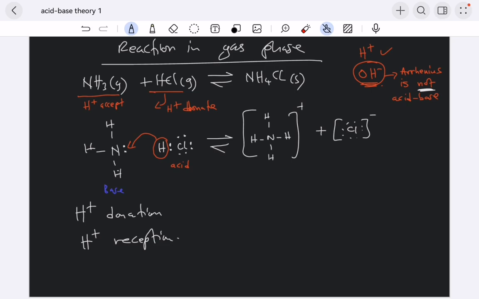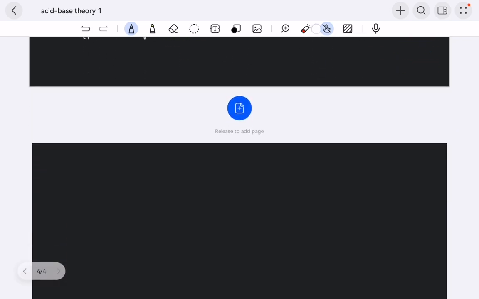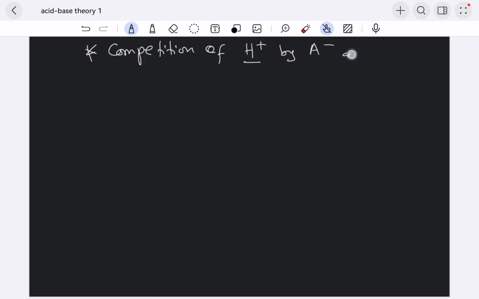To move further, we are going to look at the competition. This is very important. There is need for us to understand the competition for H positive by A negative and H2O. I'll give more context to this.